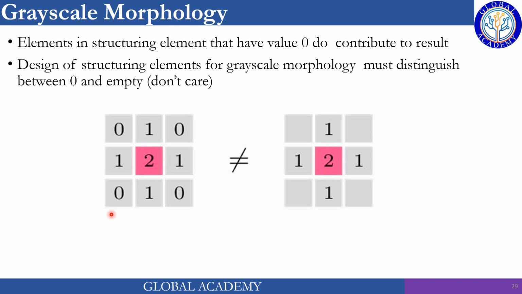So remember, in structuring element having value zeros and having no values, it's not the same thing, because having no value is like don't care condition, whereas 0 definitely has its own meaning. So they are not same. The structuring elements are different. So in grayscale morphology, it is possible to have structuring element with empty spaces.